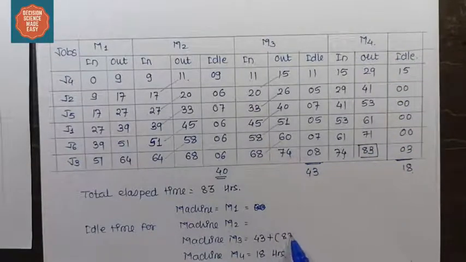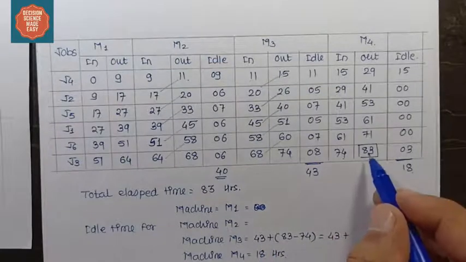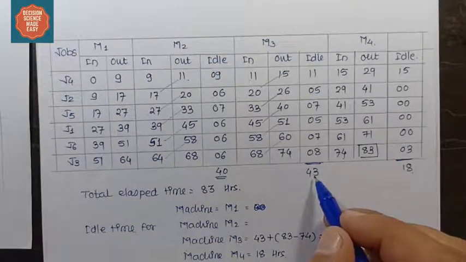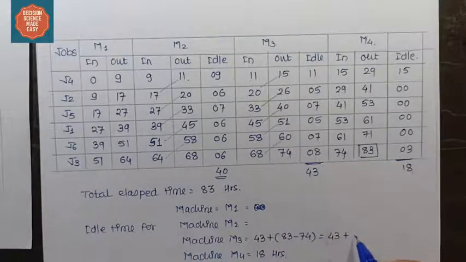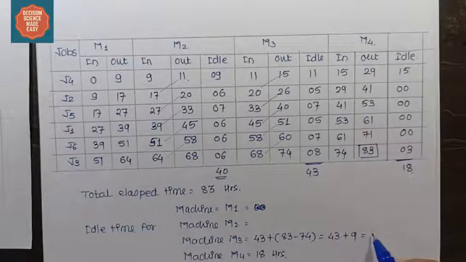So this is nothing but 83 minus 74. So the total idle time for machine M3 is 43 plus 83 minus this 74 out time. So this is nothing but 9. So the total waiting time, or idle time, will be 52 hours.